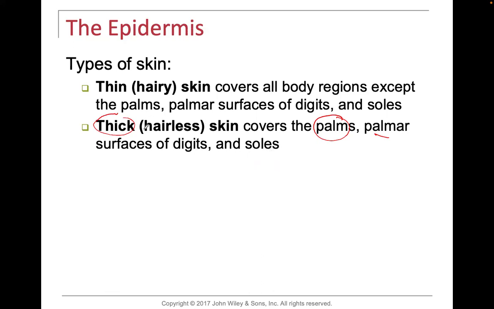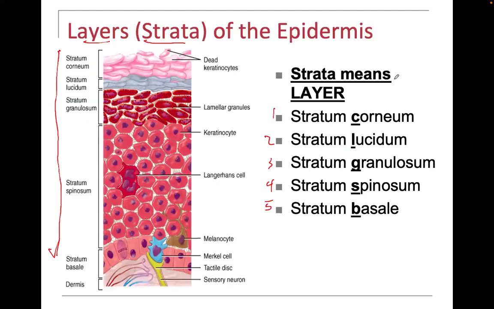And usually where we have thick skin, there's no hair. It's hairless. Then there are parts of the body that have thinner skin, which usually have hair. So it covers all the body regions except the palms, the palmar surface of the digits, and the soles.